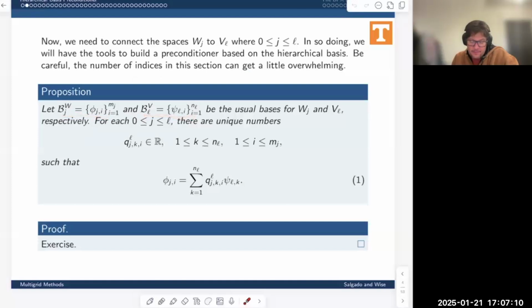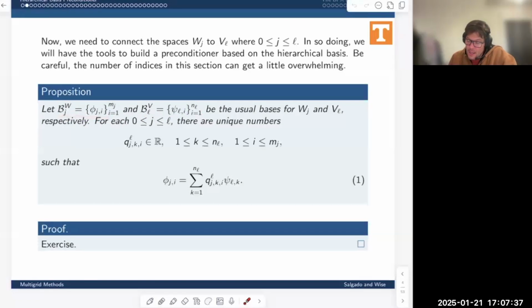All right, so we created these bases for the V and W spaces. Let {φ_{j,i}}, i = 1 to M_j, be the basis for W_j, and {ψ_{l,i}}, i = 1 to N_l, be the usual bases. This one is the Lagrange nodal basis for V, and this is the Lagrange nodal basis for W, not quite yet the hierarchical basis. The hierarchical basis is when you take unions of these.